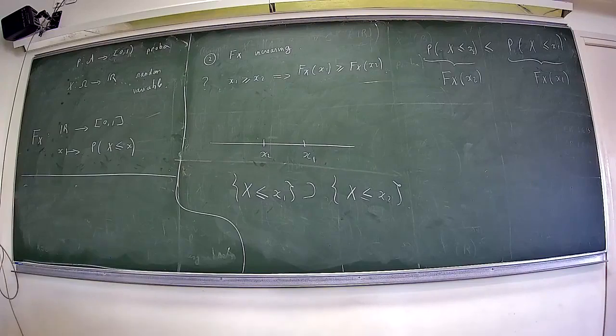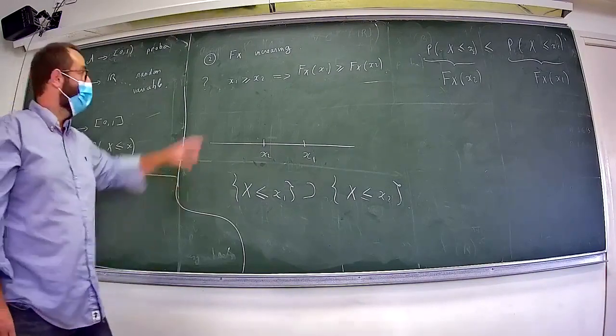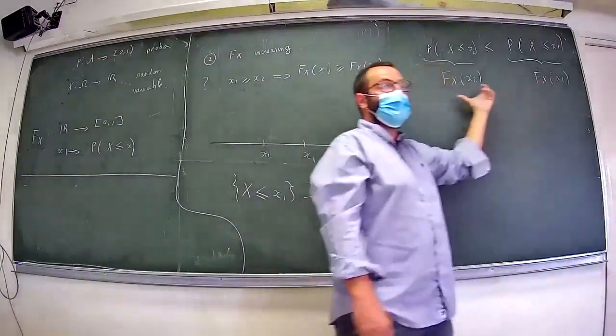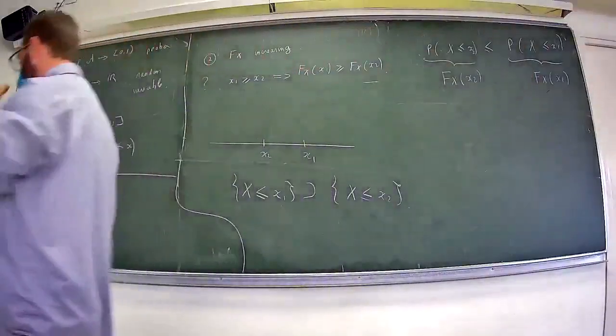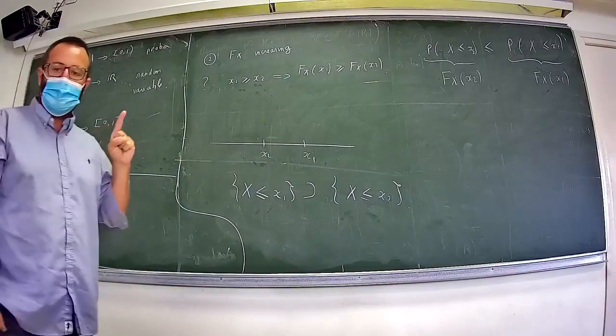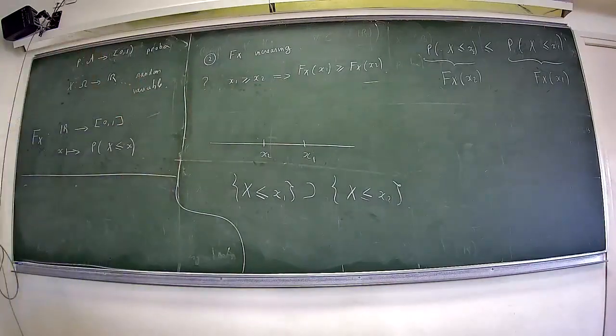It's a mapping that is increasing. x1 greater than x2 implies the image of x1 is greater than the image of x2. It is the definition of being increasing. Now keep in mind that we have seen in the case of the indicator function that we don't have in general the fact that I am strictly increasing, but I have just to be increasing.